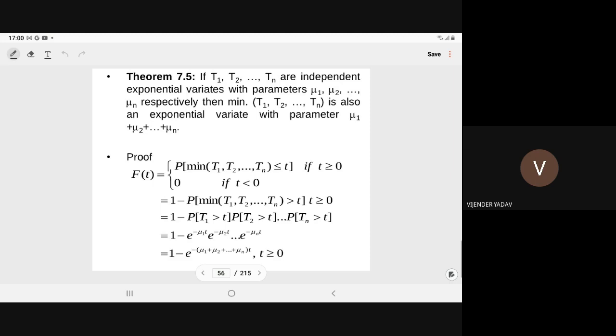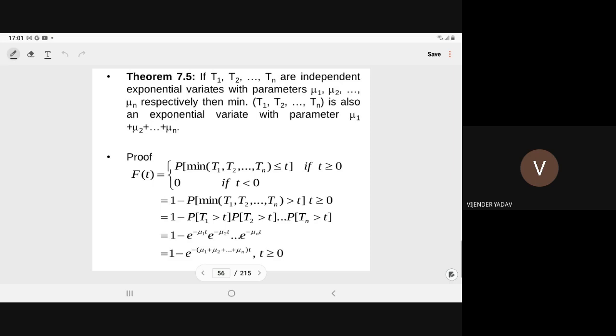The next theorem is: if T1, T2, ..., Tn are independent exponential variates with parameters mu1, mu2, ..., mun respectively, then the minimum of T1, T2, ..., Tn is also an exponential variate with parameter mu1 plus mu2 plus ... plus mun.